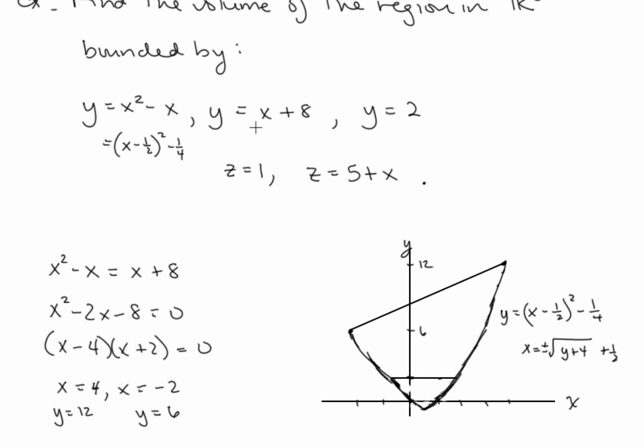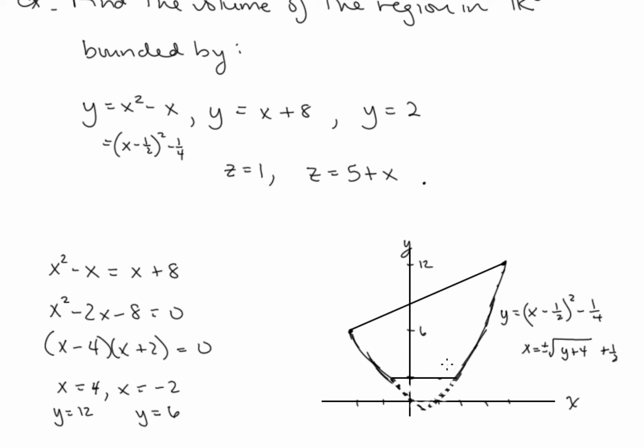We also have the line y equals x plus 8. Well, where do those two curves intersect? We can find that by setting x squared minus x equal to x plus 8. We find that x is equal to 4 or x is equal to negative 2. So we've got the parabola intersecting the line here. And we also have a line y equals 2. So I'm just going to make this part of the parabola dotted because it is not part of our bounds.